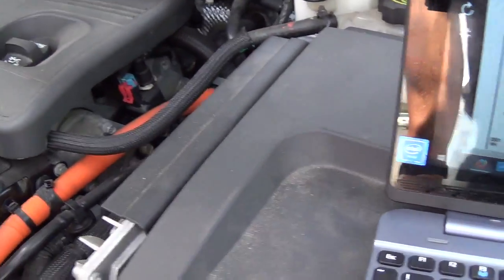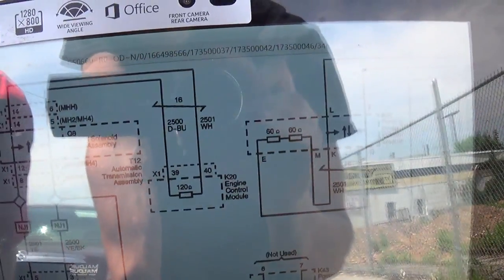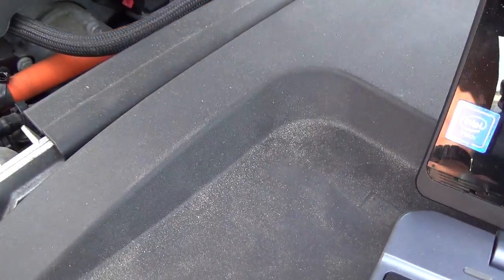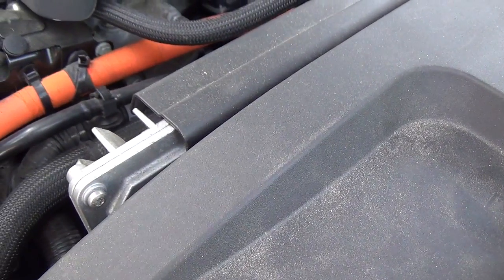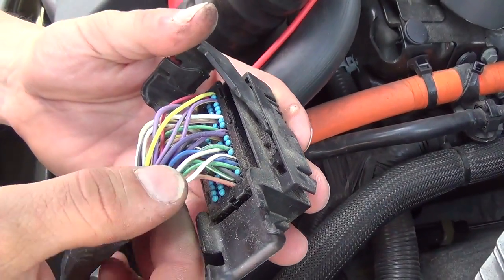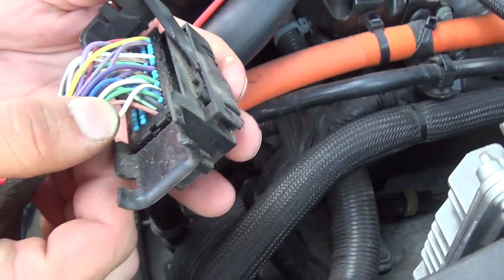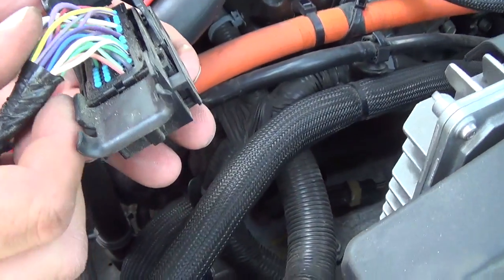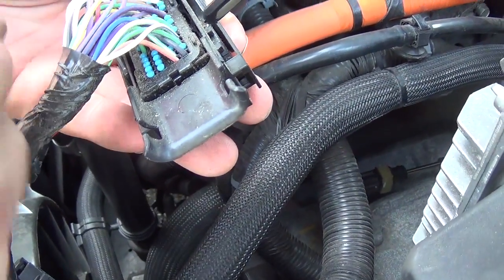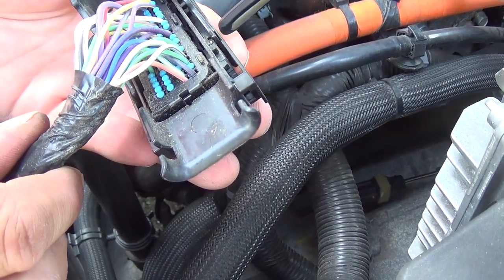And what were our pin numbers? 39 and 40. And it's a white wire and a dark blue wire. Alright, so that would end off at 53. 39, 40. Okay. There's dark blue.